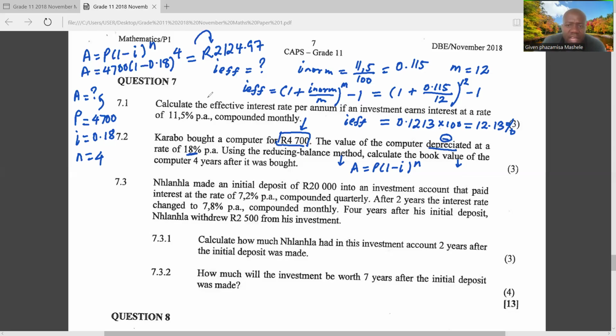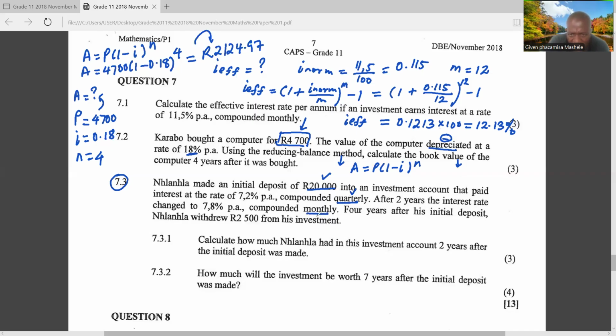All right, let's now move on to 7.3. It says Nhlanhla made an initial deposit of 20,000 into an investment account that paid an interest rate of 2.7% compounded quarterly. Then after 2 years, the interest rate changed to 7.5% compounded monthly.